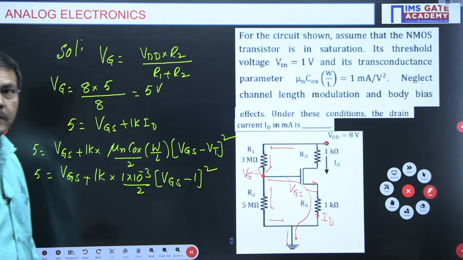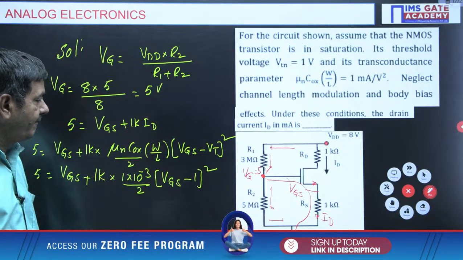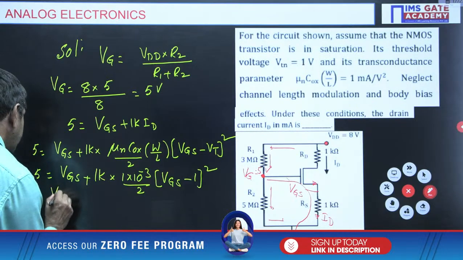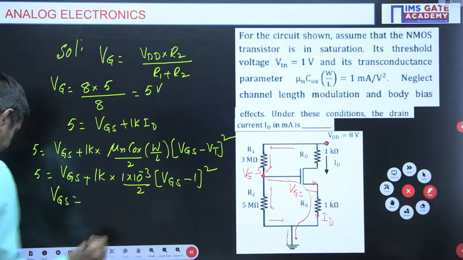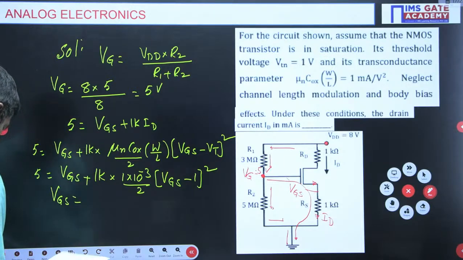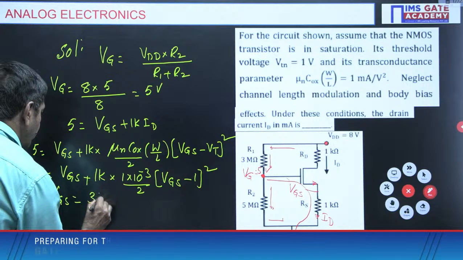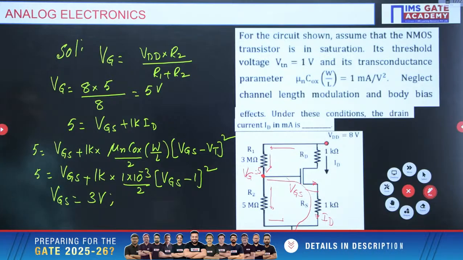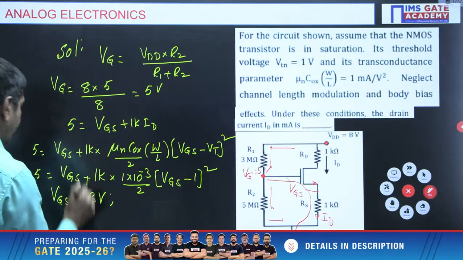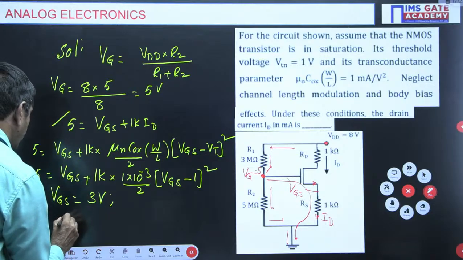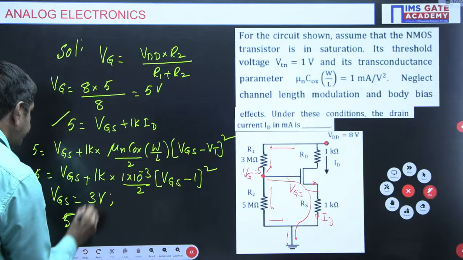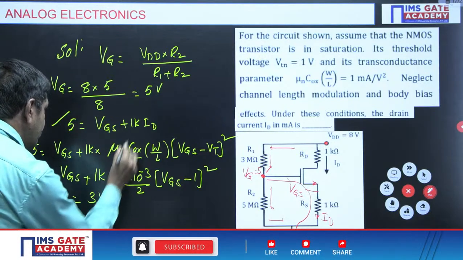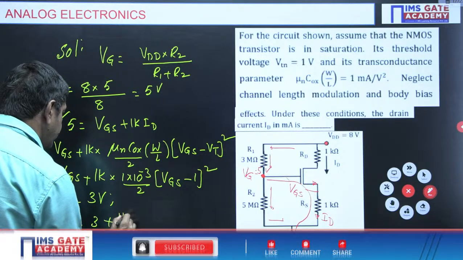Here it takes time, you must expand this equation to find VGS. If you try it using the calculator, you will get VGS as 3 volts. Once you get the VGS value, you can find ID. Substituting in this equation, 5 equals 3 volts plus 1K into ID.